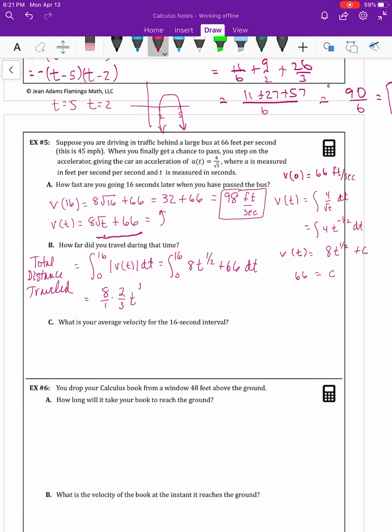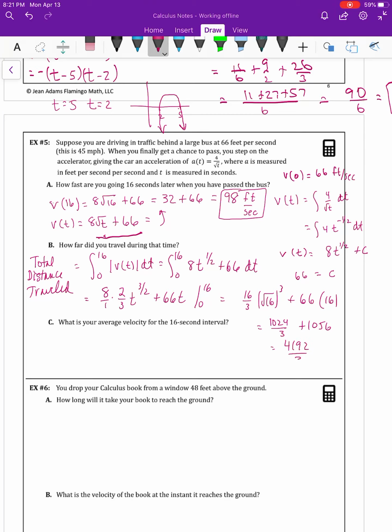So that's going to be 8 over 1, and then when I add 2 halves to the 1/2, I get 3 halves, but then when I divide by 3 halves, I'm multiplying by 2/3. And so I've got 16/3, and then I've got the square root of 16 to the 3rd power, plus 66 times 16.